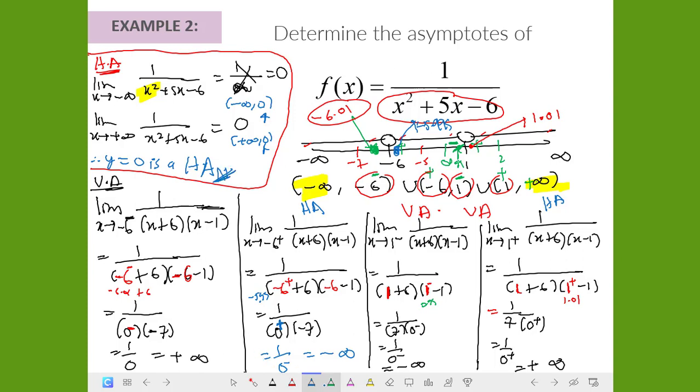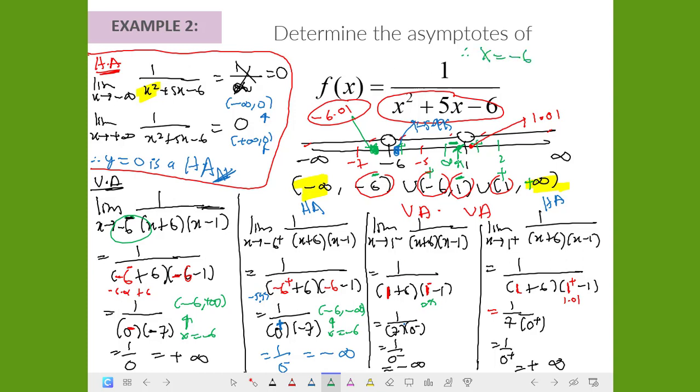For vertical, here is negative 6 with negative infinity, so x equals negative 6.